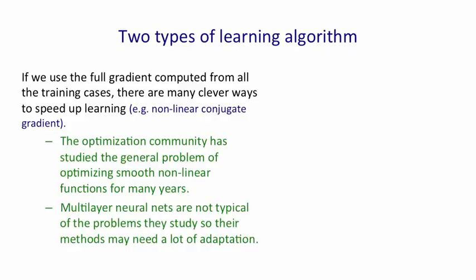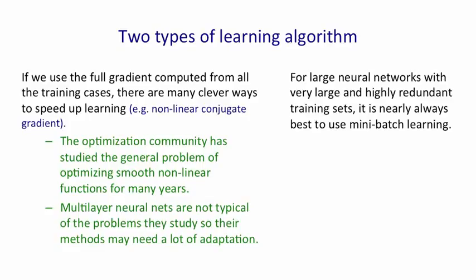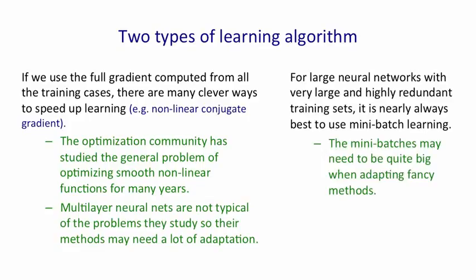Now, multilayer neural networks are pretty untypical of the kinds of problems they study, so applying the methods they developed may need a lot of modification to make them work for these multilayer neural networks. But when you have highly redundant and large training sets, it's nearly always better to use mini-batch learning. The mini-batches may need to be quite big, but that's not so bad because big mini-batches are more computationally efficient.